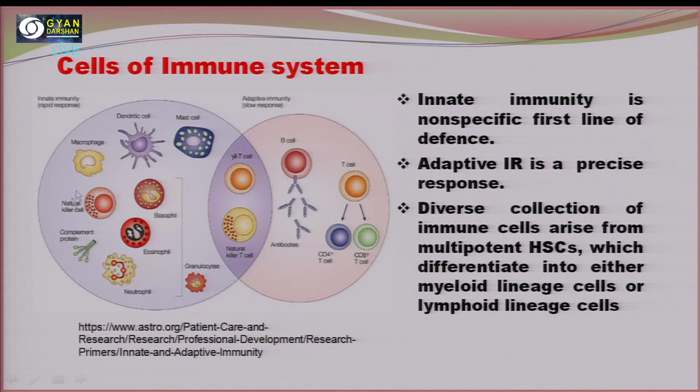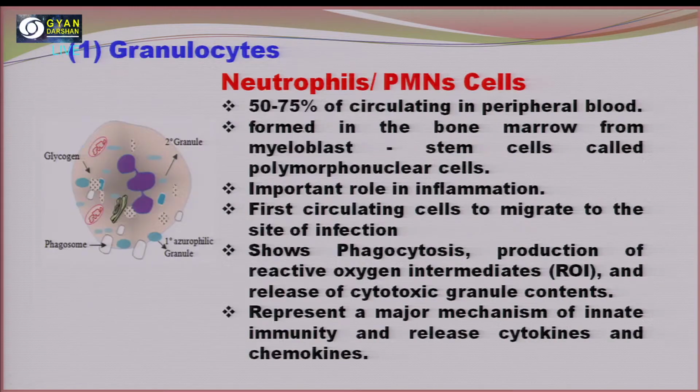There are various cells. I have already discussed the cells of the immune system, and I want to discuss them one by one. Here are the granulocytes. Here is the structure of the granulocytes, and here are the glycogen granules and the phagosomes. Neutrophils make up 50 to 70% of the circulation in peripheral blood, formed in the bone marrow from the myeloblast stem cell, called polymorphonuclear cells.